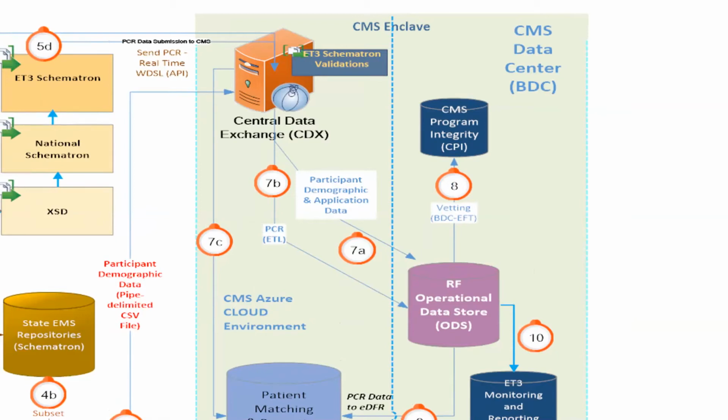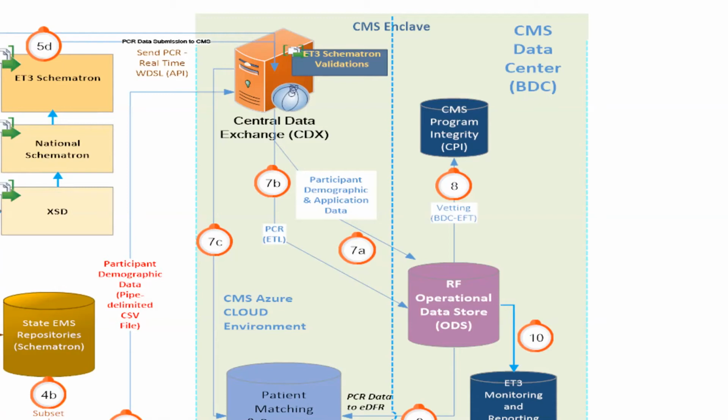So we want to make sure that, again, validation is as robust as possible. Looking at the flows, we wanted to also make sure you understood that the data that comes into CDX is not just going to sit there and be the data that's used.